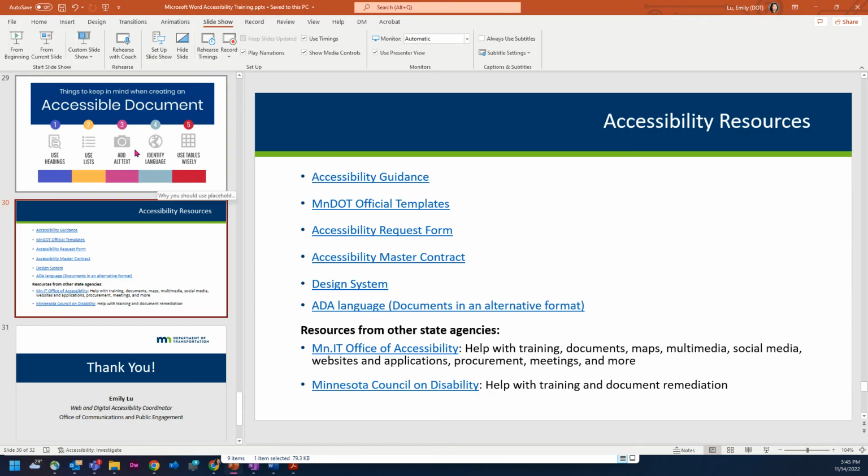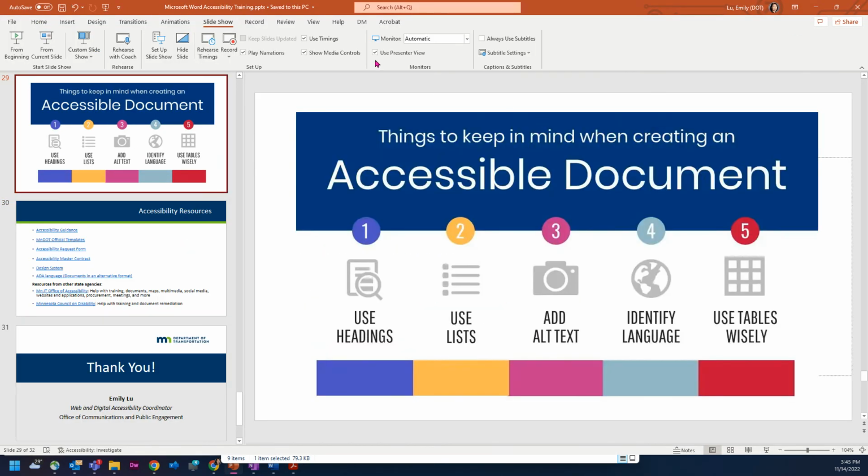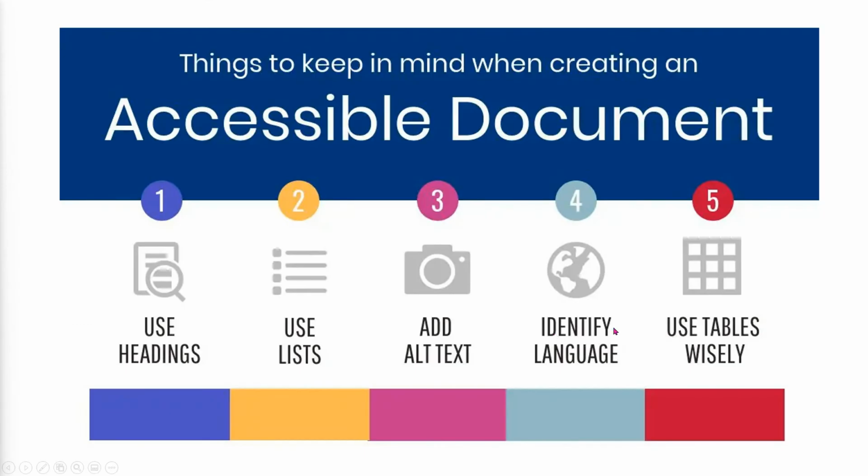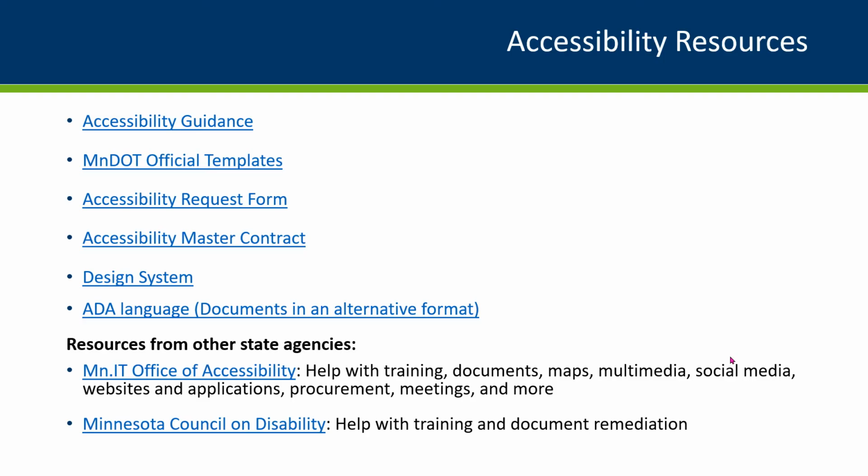That's kind of important because that tells the assistive technologies what language setting they're reading in. So again, that's the identify language part, and use tables wisely because we don't want to use them for layout. And then really quickly, just some resources.